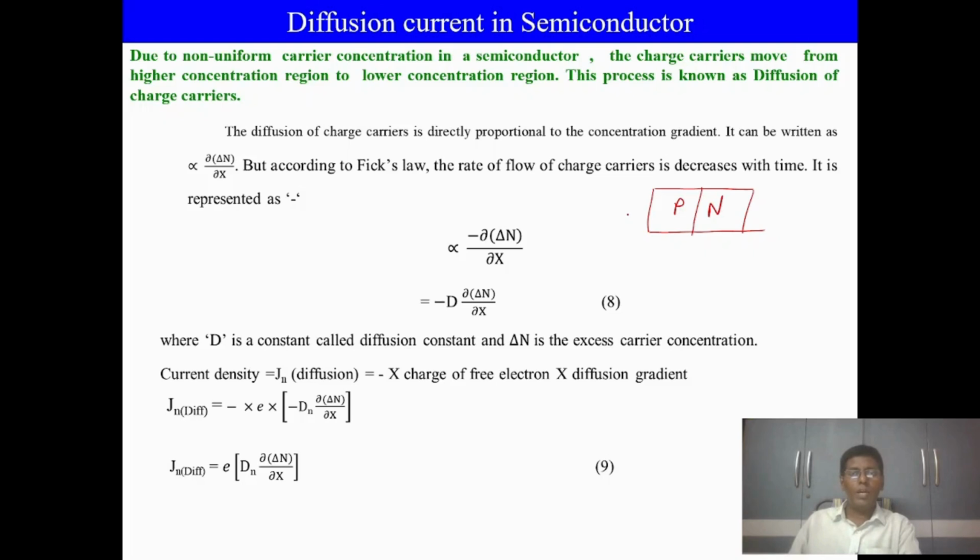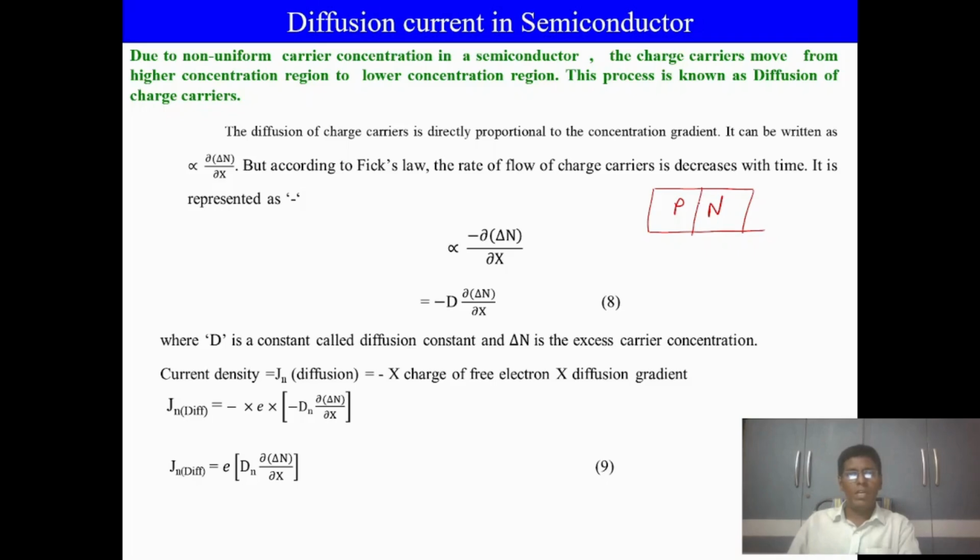Already we know that a p-type semiconductor contains a majority number of holes and a minority number of electrons. At the same time, the n-type semiconductor contains a majority number of electrons and a minority number of holes. That is, holes and electrons are unequal in the p-type and n-type semiconductors.